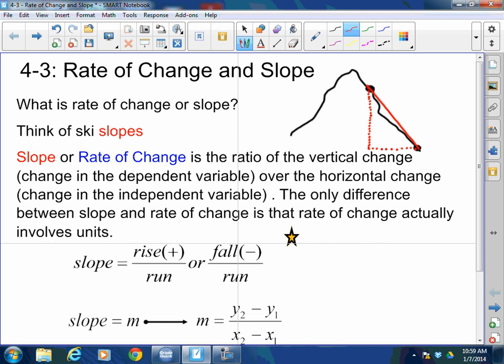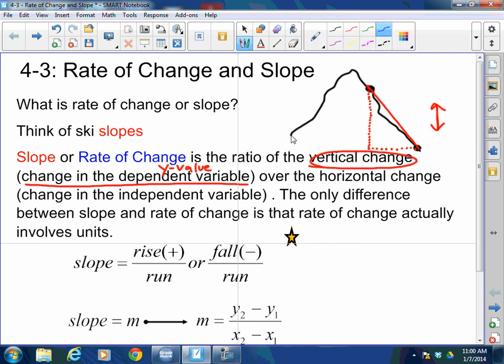The slope or the rate of change is the ratio of the vertical change. Vertical is either up or down. So it's the ratio of the vertical change. It's the change of the dependent variable, that's the y values, over the horizontal change.